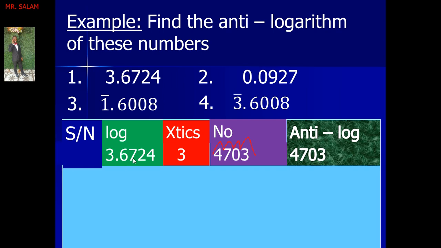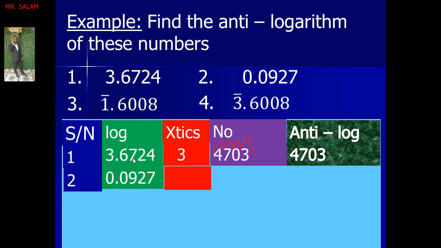So let's look at number 2 here. Number 2 is 0.0927. Don't forget the characteristic here is 0, so that is the whole number. The antilogarithm of 92 under 7 will give us 1237.